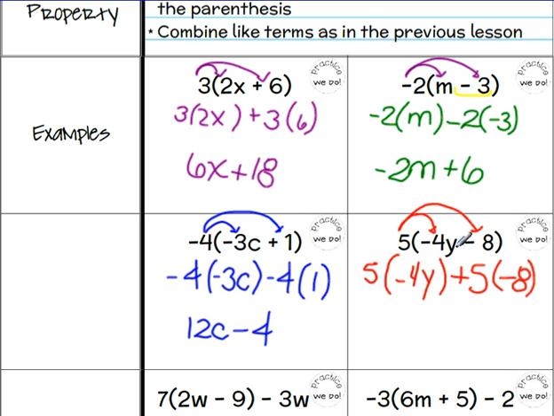So making sure that we pick up that minus 8 sign. So 5 times negative 4y will give us negative 20y. And 5 times negative 8 is negative 40. Once again, these are not like terms, so we can't simplify that any further.